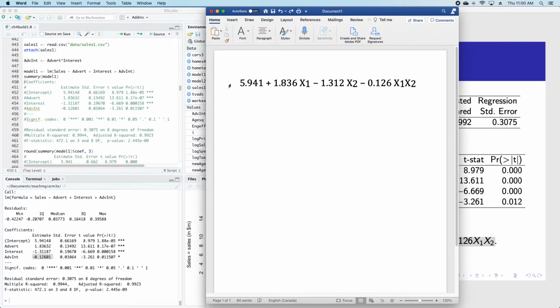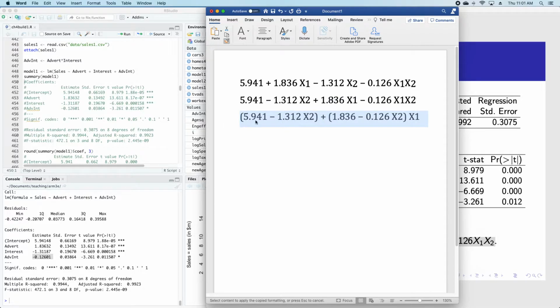Okay, so here's that equation for the predicted sales, and I'm going to rearrange it so that I move this piece with x2 next to the 5.941, because when I plug in x2 equals 2, this is just going to become a number, and this piece has got x1 in it, and this piece has x1 in it, so I'm going to leave these two pieces over here, and then I'm just going to bracket off the different pieces.